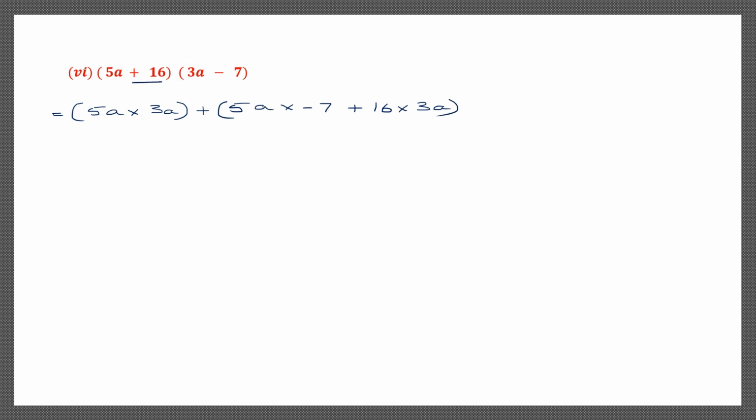Now the next thing is to multiply the second term of both the binomials, that is 16 into minus 7.